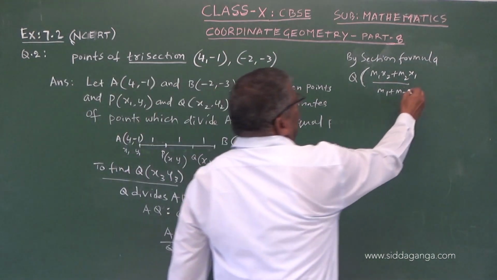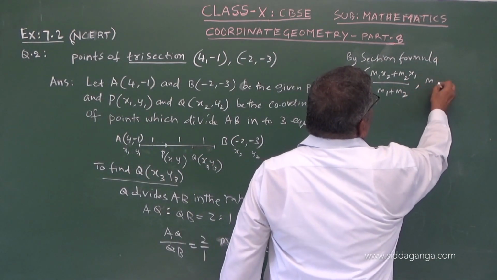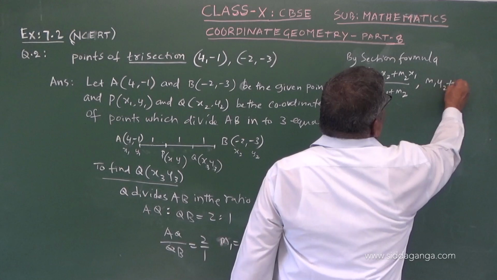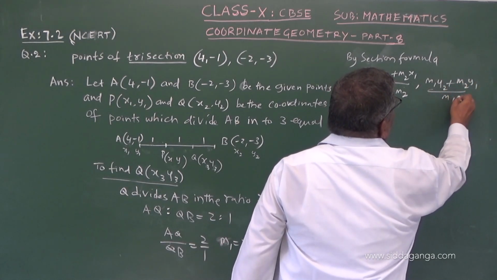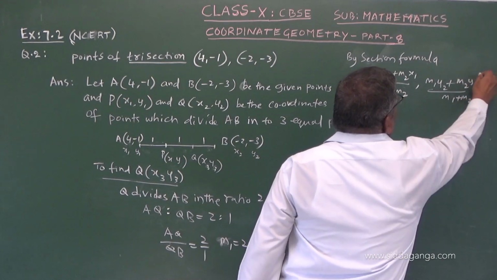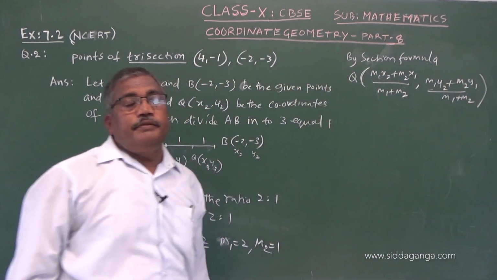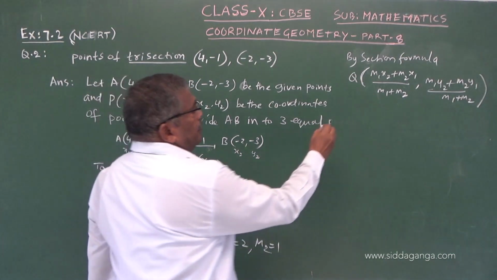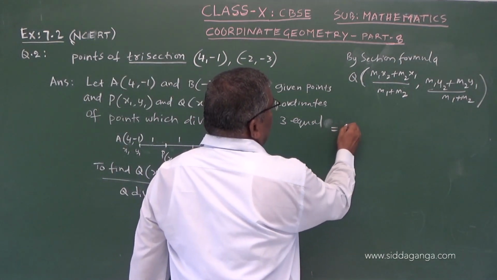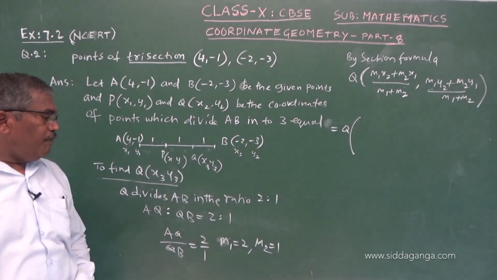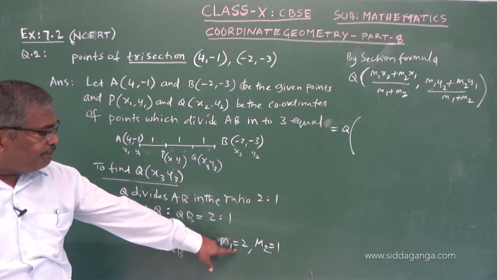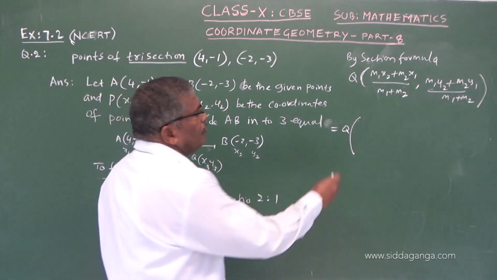So now M1 y2 plus M2 y1 divided by M1 plus M2. So now this equals, be careful now, M1 is 2.